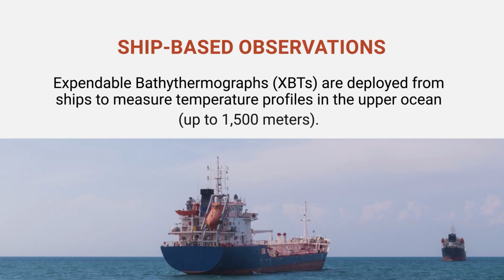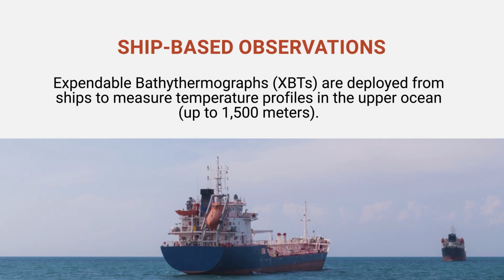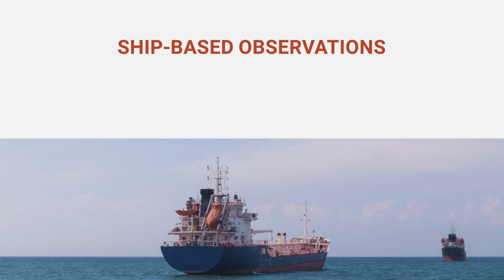There are also ship-based observations, or we can call these expendable bathythermographs, XBTs. These are deployed from ships to measure temperature profiles in the upper ocean up to only 1500 meters depth.